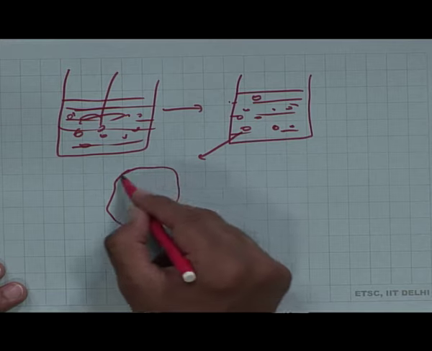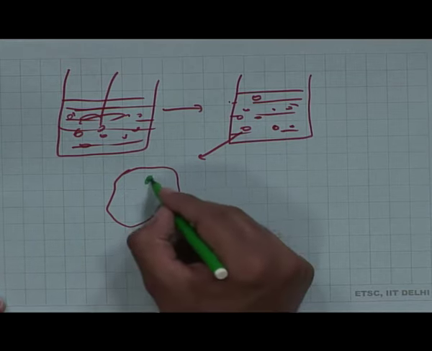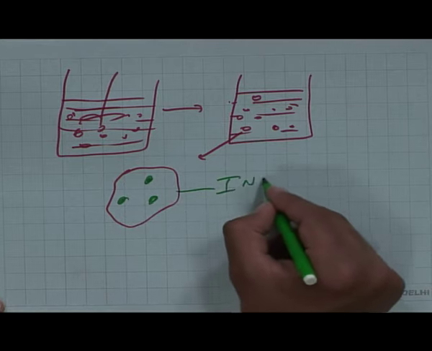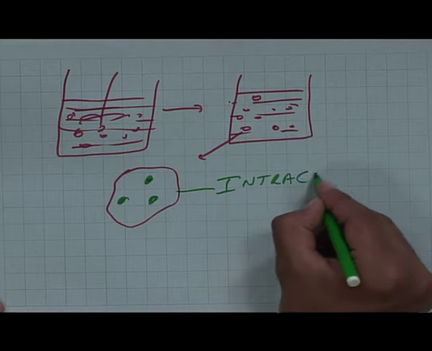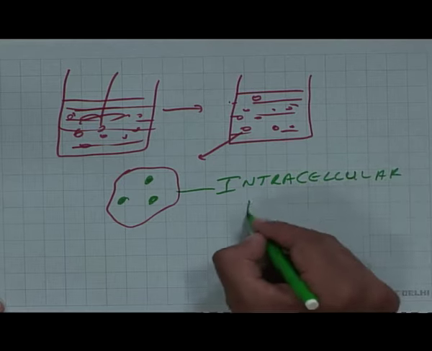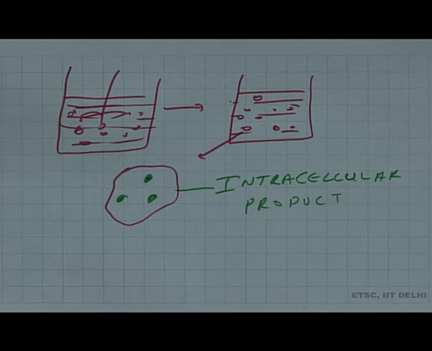Now, let us look at the cell. If your cell is like this and your product is here, inside the cell, you have an intracellular product. Recombinant proteins like insulin are a typical example of an intracellular product.